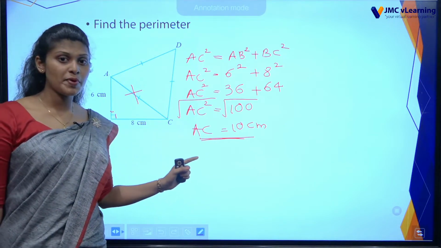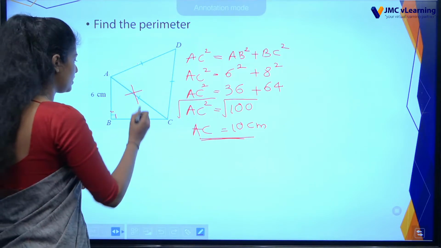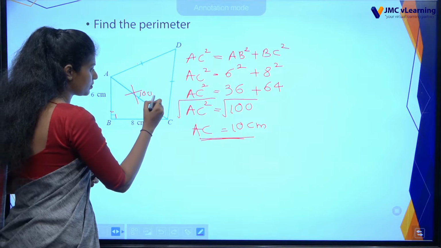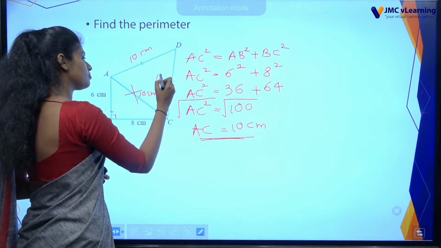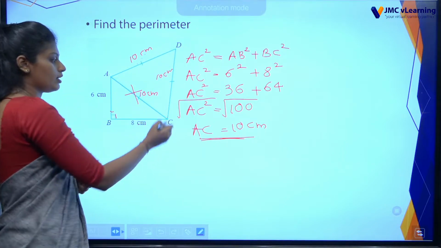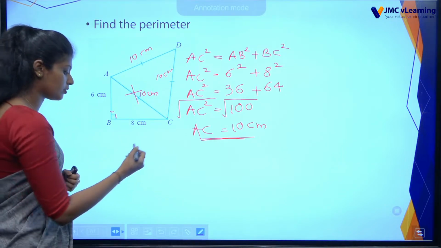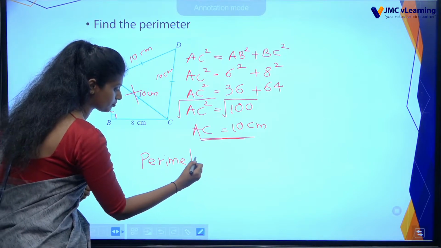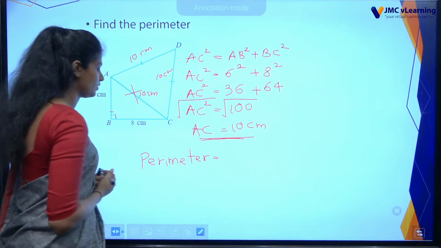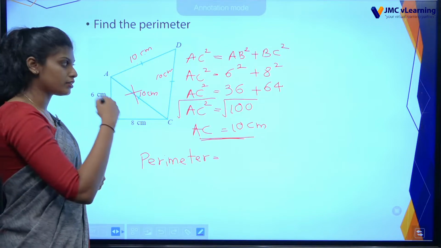But this is not the perimeter. You have to find the perimeter. This length is 10 centimeter, so these are also 10 centimeter. Why is that? These lengths are all equal to each other. How can we find the perimeter? Let's find the length around this figure.